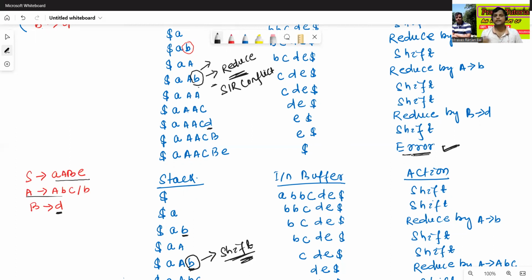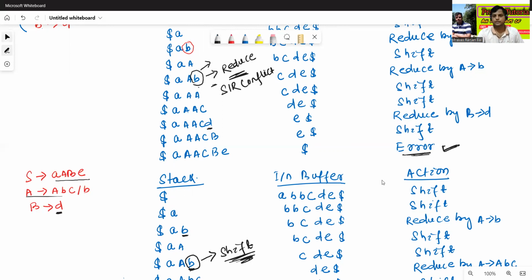If the parser considers the shift action, then the string is accepted by the bottom up parser. That's why the parser will be confused. So this situation is called SR conflict or shift reduce conflict.